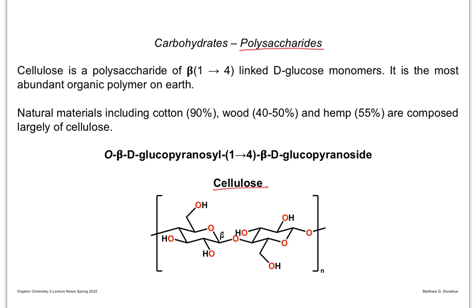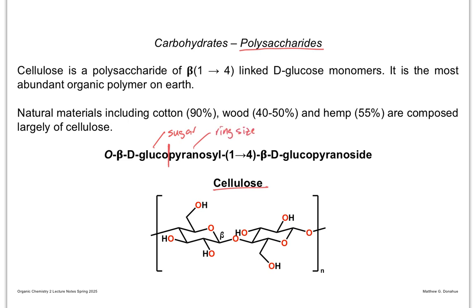O stands for oxygen. Alpha or beta stands for that anomeric center. The D or L tells you if it's natural or an unnatural sugar. The front part, that tells you which sugar it is. This last part tells you the ring size.